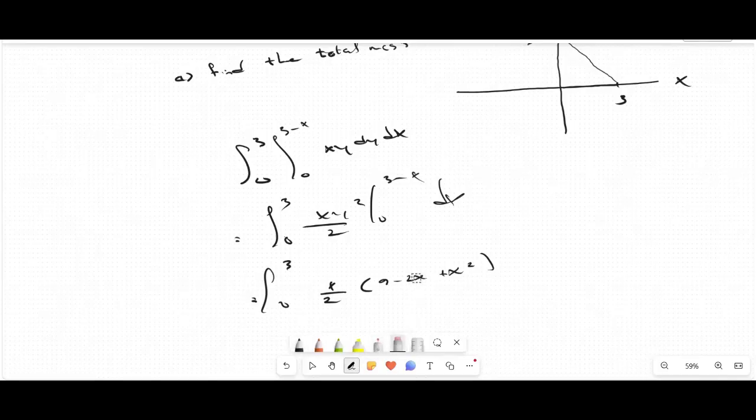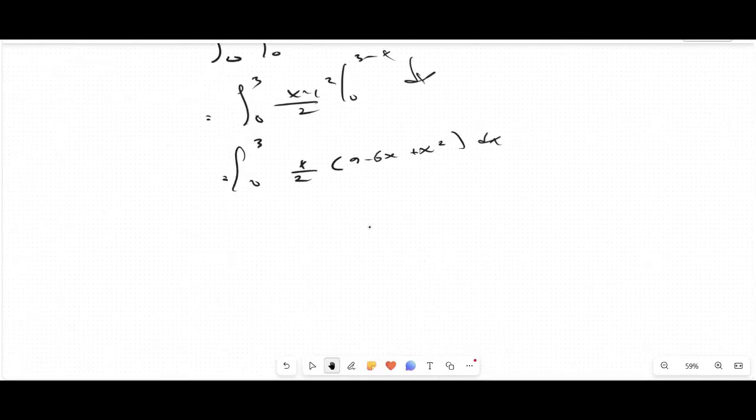Whoops. x times y squared over 2, which is 3 minus x squared, is 9 minus 6x plus x squared. Okay, let's pull out the 1/2. I want to integrate x cubed. I want to integrate minus 6x squared. And I want to integrate 9x.